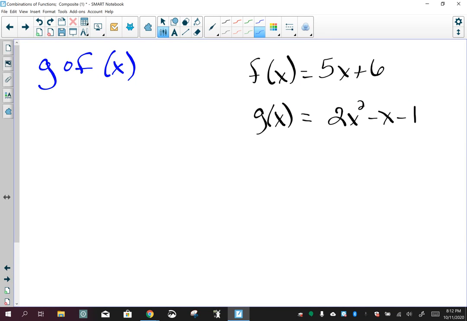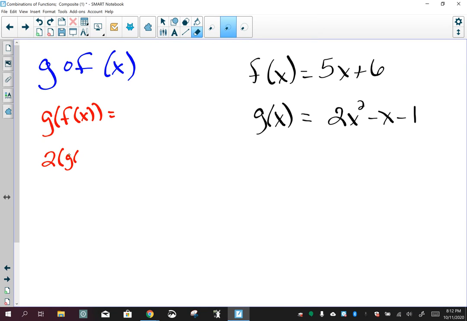Let's go backwards. Let's go g of f of x, because yes, you can actually do that. So what this is saying is my focus has now switched to g, and my substitution piece is the f of x. I'm going to say 2 instead of x squared, oops, not g of x, my bad, I'm going to say f of x, and we're going to square that minus f of x minus 1.